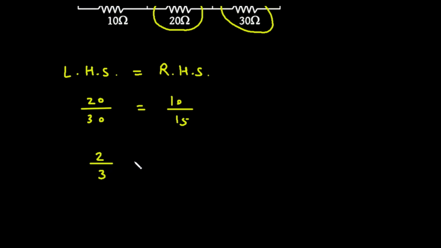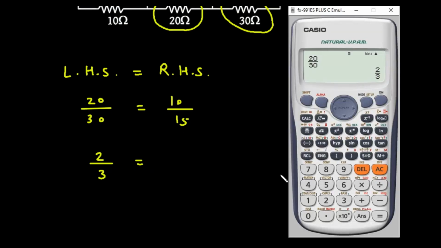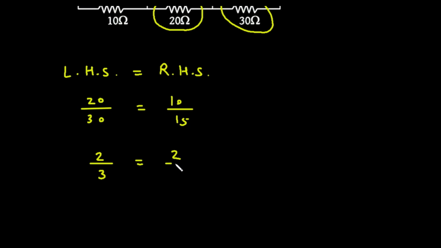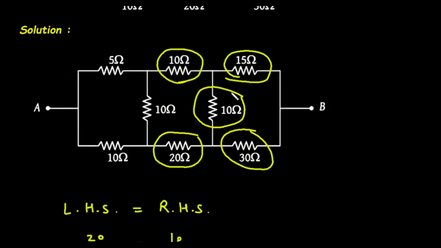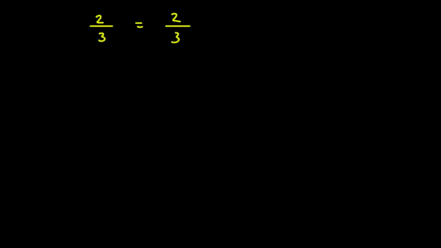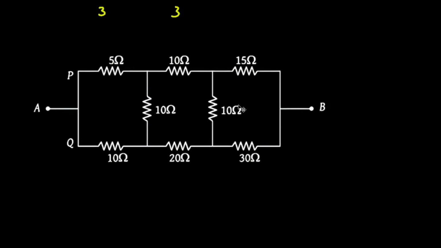And this 10 divided by 15 is also 2 by 3. That means the bridge is balanced. So now we can remove this 10 ohm resistor, because the bridge is balanced and no current will flow through this 10 ohm.